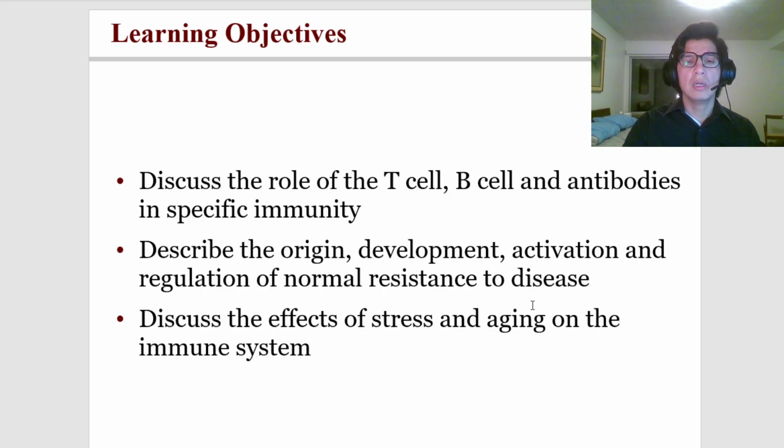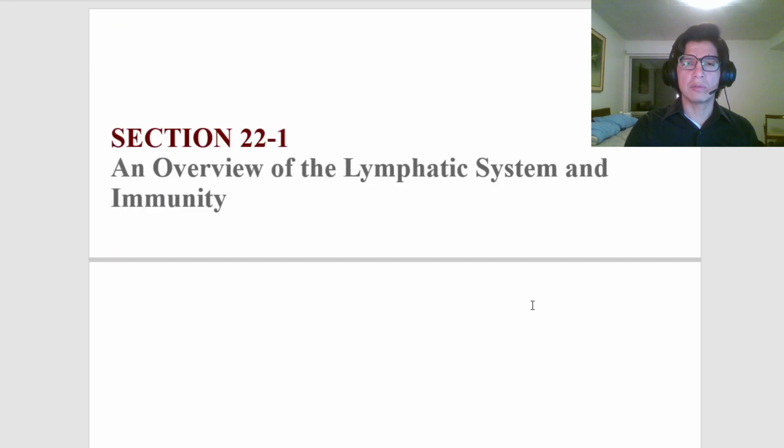We're going to look specifically at T cells and B cells, and we're going to finish up the chapter looking at the role of stress and the relationship between stress, aging, and your lymphatic system, which is your immune system. That is why certain demographics can be susceptible to specific diseases such as COVID-19.